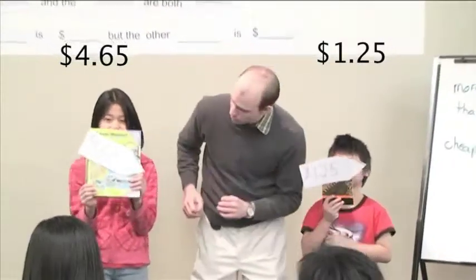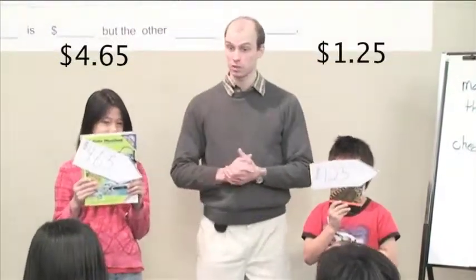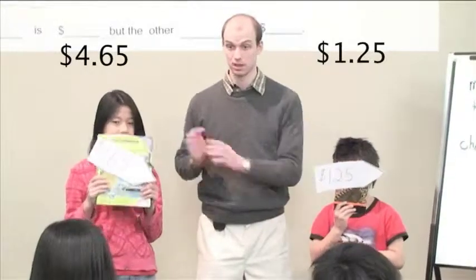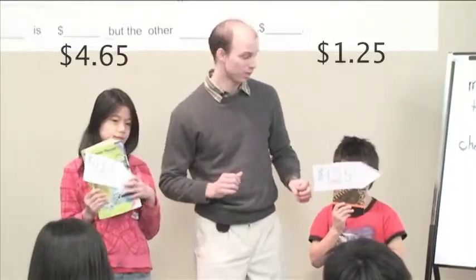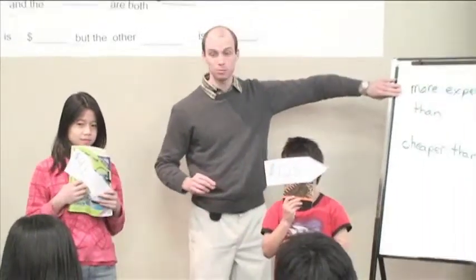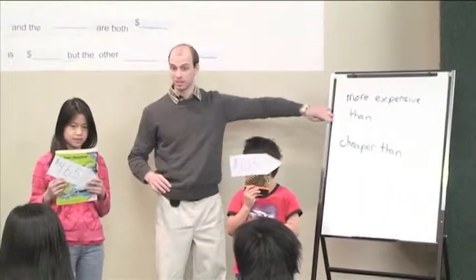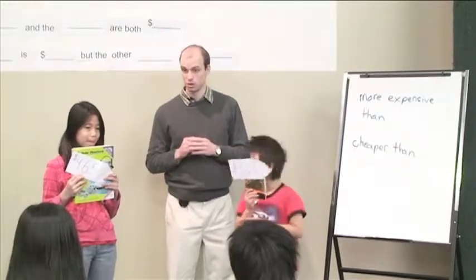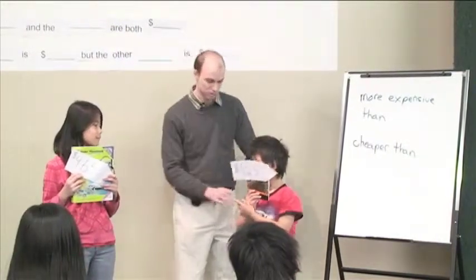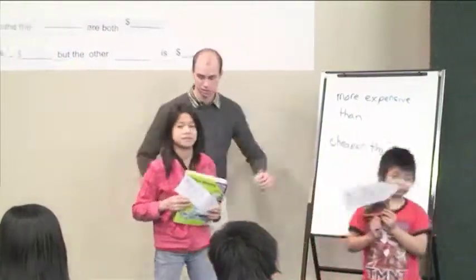$125 and $4.65. Which one is more expensive? This one, right. So which one is cheaper? This one, okay. So if I want to say that something is more expensive than something else, who has to go first? Right, so you need to stand here, and Lair, you need to stand on the other side.